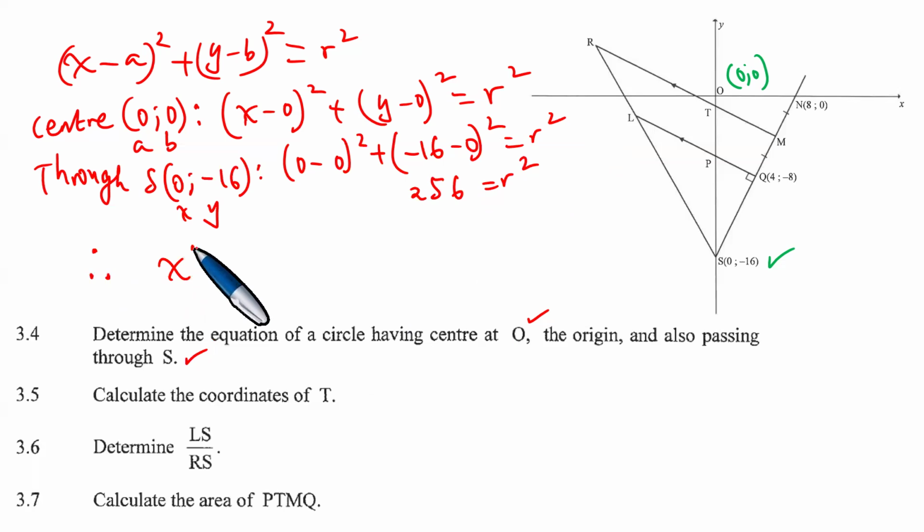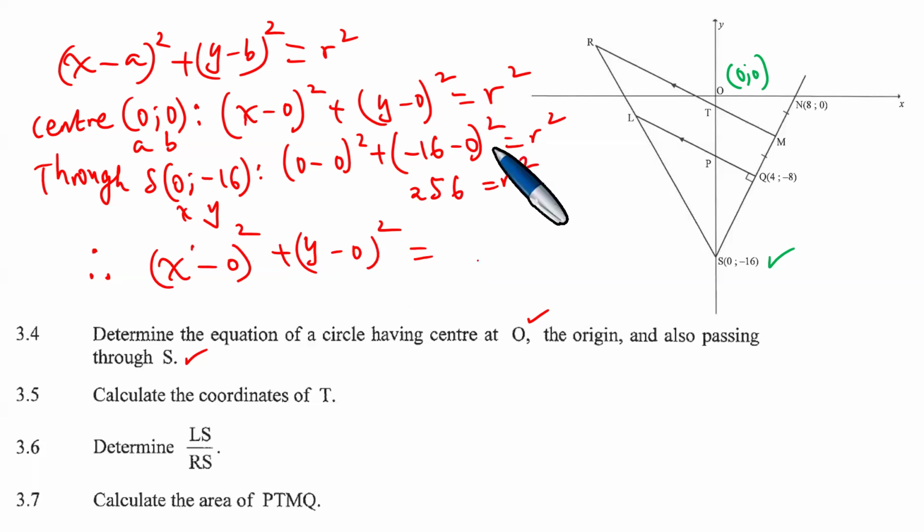Which means the equation of the circle is going to be obtained from here. So now you have x minus 0 squared plus y minus 0 squared equals r squared, and r squared is 256.